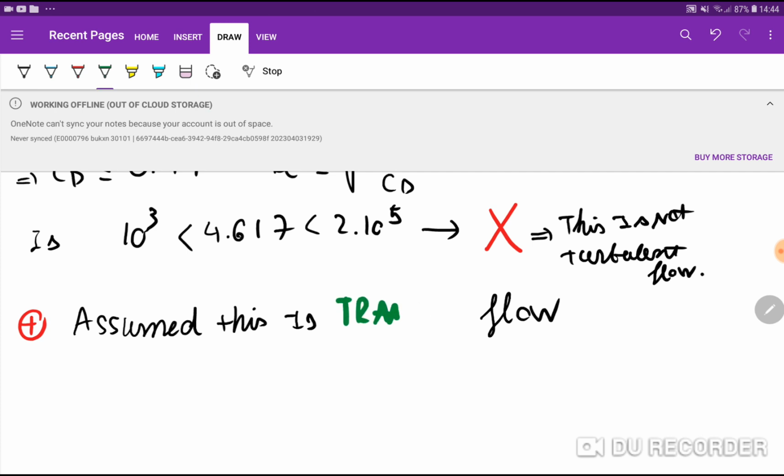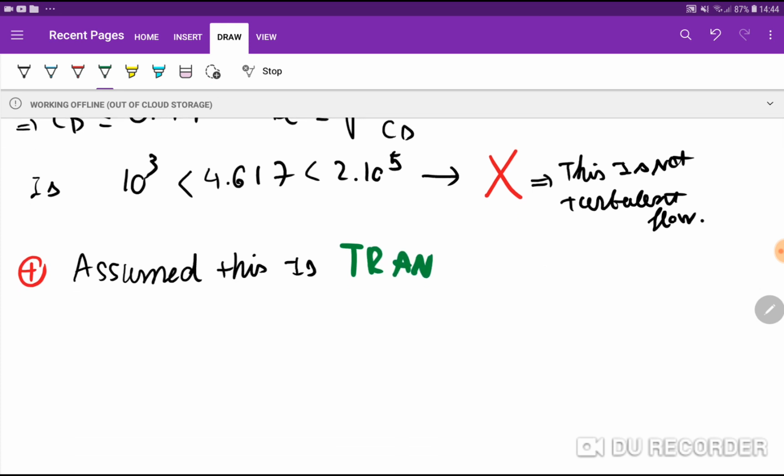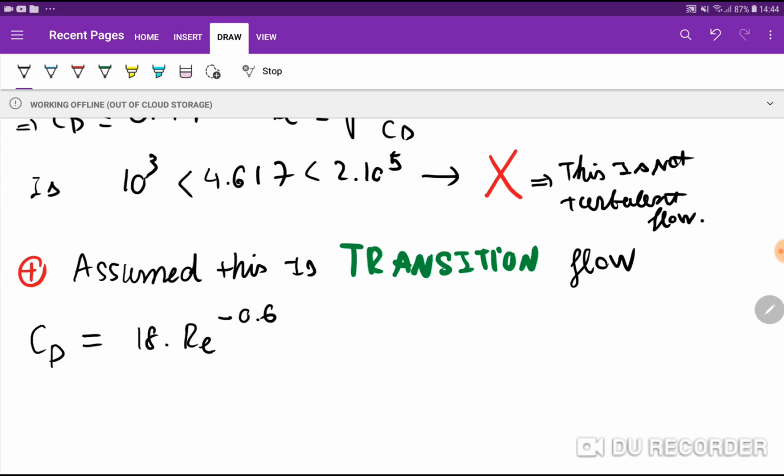Transition. Sorry, guys. Put transition. So what happened if transition flow? So the equation we get is drag coefficient equal to 18 times Reynolds number to the power of negative 0.6.